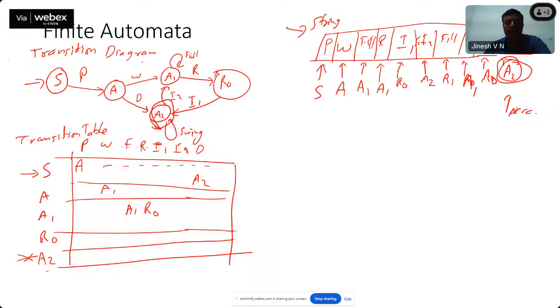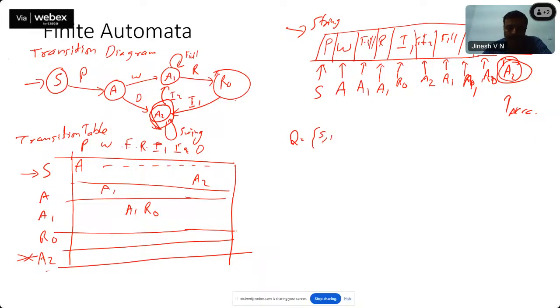Then another method to represent the same thing is quintuple representation. According to this design, we have a total of 5 states. All the set of states will be represented as Q, capital letter Q. Within the set symbol, we write all the state names.